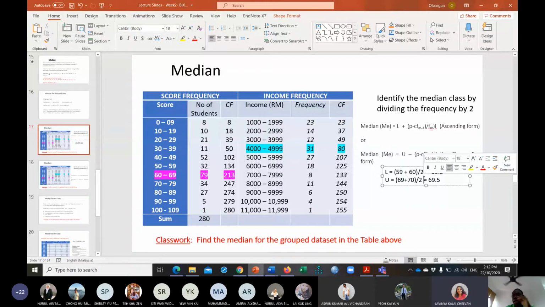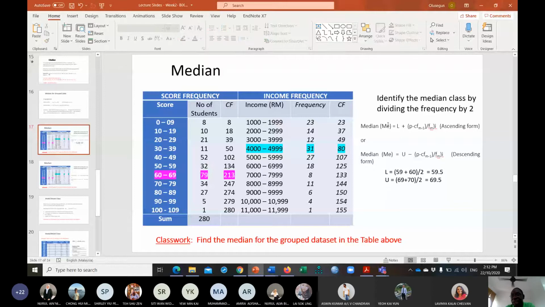Yes. Okay. If this is clear, let's have these figures as our lower boundary and upper boundary. Then we put the figures into the equation. For ascending, the first one, which says lower boundary plus this equation, let's fix it in. I just want to use the calculator to work it because it's becoming tedious writing.